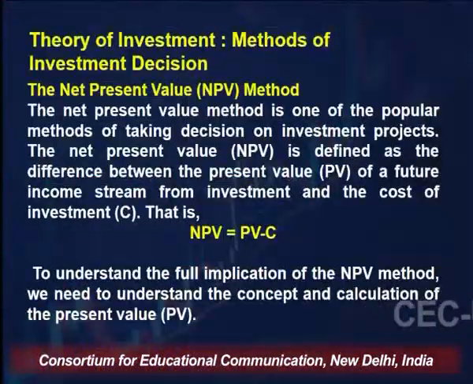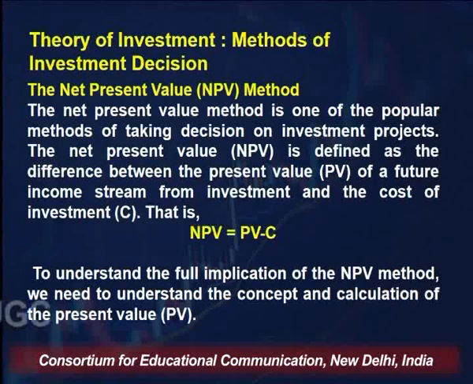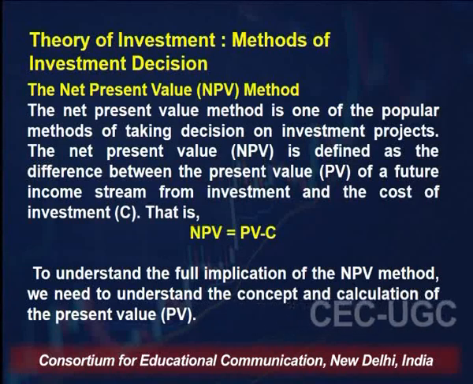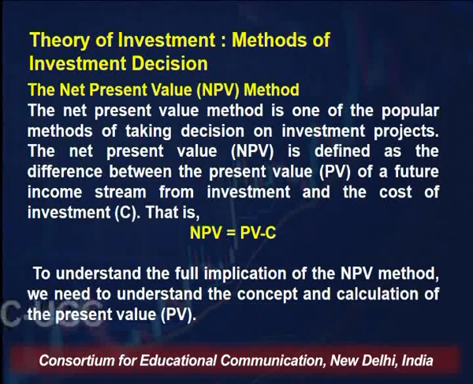If we talk about NPV, the net present value method is one of the most popular methods of taking decisions on investment projects. The net present value is defined as the difference between the present value of a future income stream from investment and the cost of investment.